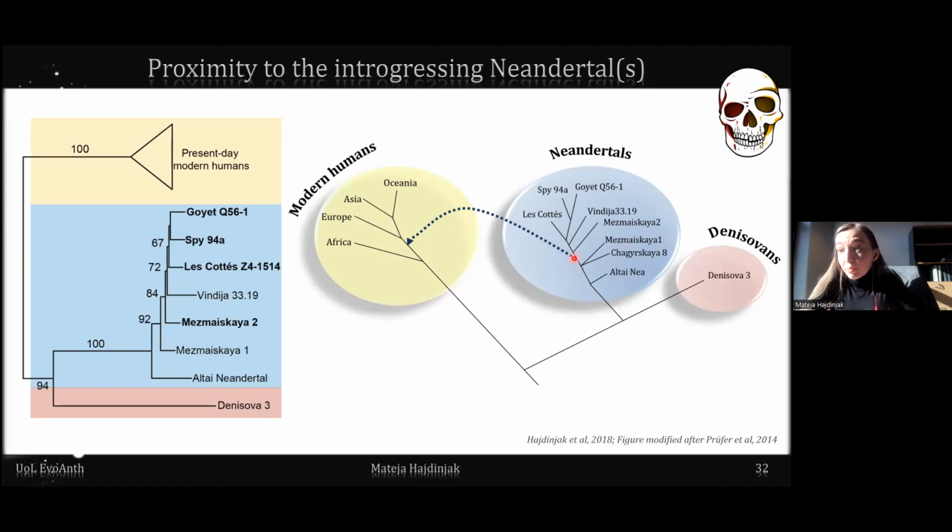Based on the split times between these genomes, we know that this Neanderthal population must have formed somewhere between 90 and 130,000 years ago. However, where this population was, it's still a while to go.